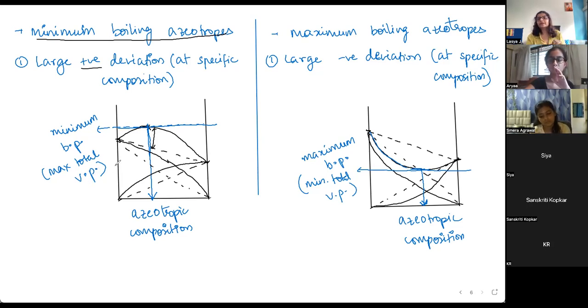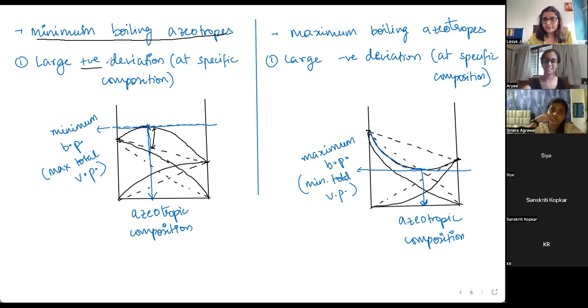Okay. All right. Now coming to azeotropes. So azeotropic mixtures: you have a solution of two substances at a specific concentration. They form a solution where they boil at a constant temperature, and the compositions in the liquid state and vapor state are the same, right?